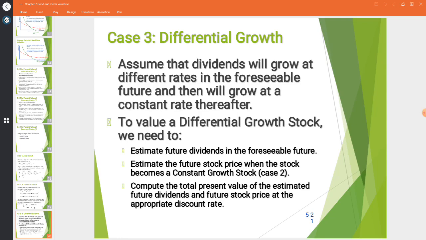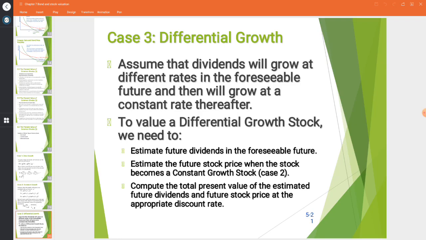For example, this stock is going to grow at a specific growth rate for, say, 3 years, and later it will grow at a constant rate forever. If you have different growth rates for a specific stock, this is known as a differential growth stock. How could we determine its PV?